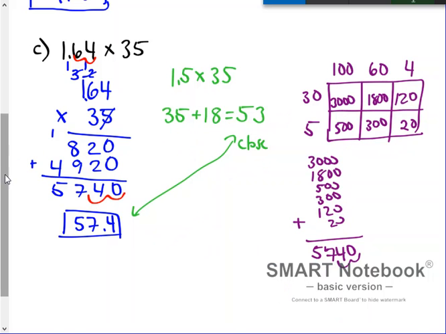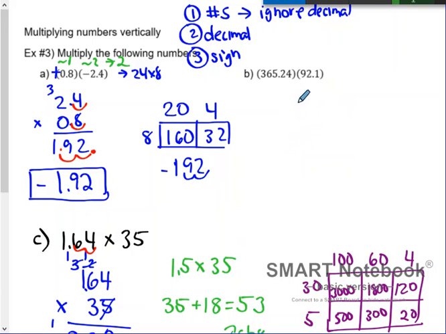You can get there. Okay, so I've included example B to show you what I will not be expecting you to do. I will not be expecting you to take anything more than like a 3-digit number times a 3-digit number to do either vertically or area model. So if you have a 3-digit by 3-digit, I do want you to do that without a calculator.